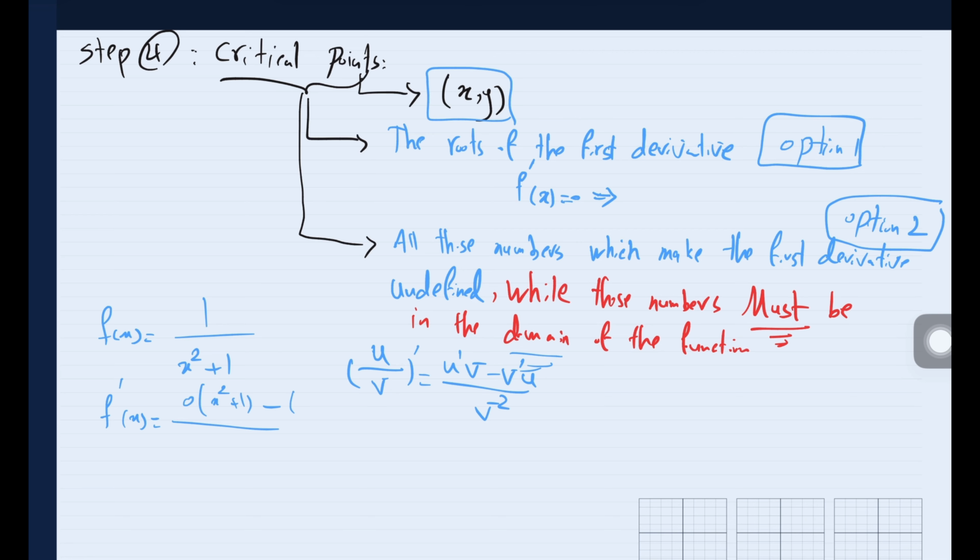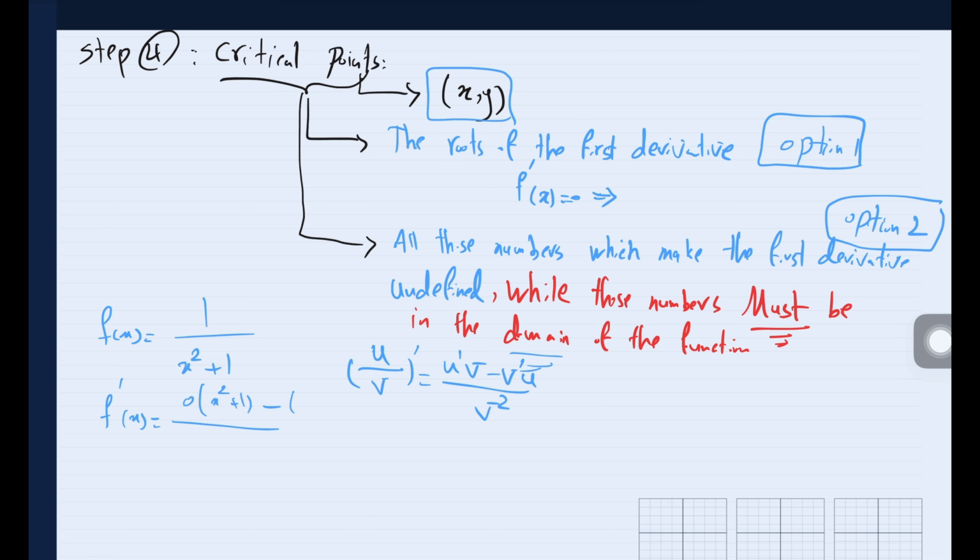Then I want to check if there are any possible critical points here. So I have to check option 1 first. This is going to be negative 2x over x squared plus 1 squared. If I want to find any roots of the first derivative, I have to set this equation equal to 0.